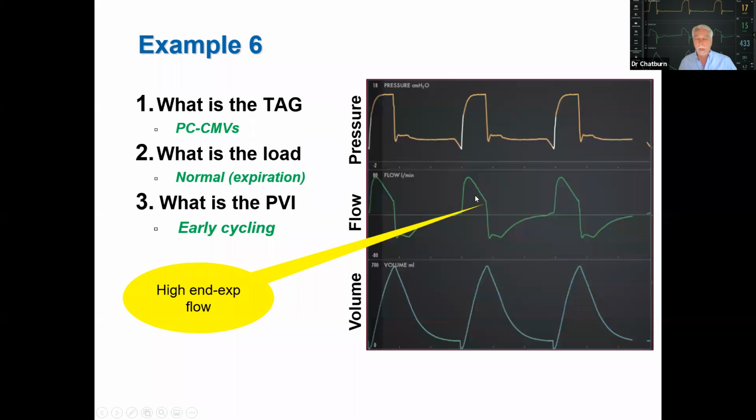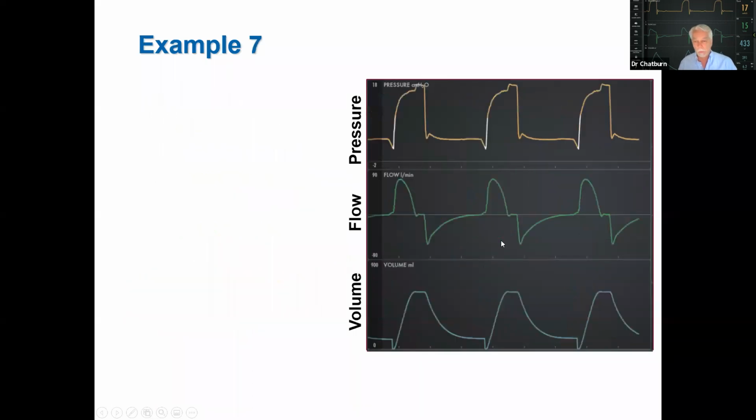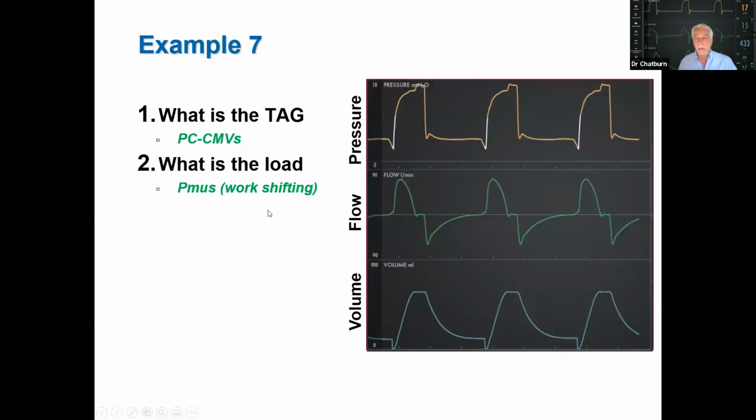There's an early cycle, meaning that the inspiratory time set on the ventilator is shorter than the neural expiratory time that the patient is trying to breathe at. So the patient's inspiratory effort is bleeding over into the expiratory time, and we can see that by the distortion towards positive flow of the peak expiratory flow curve.